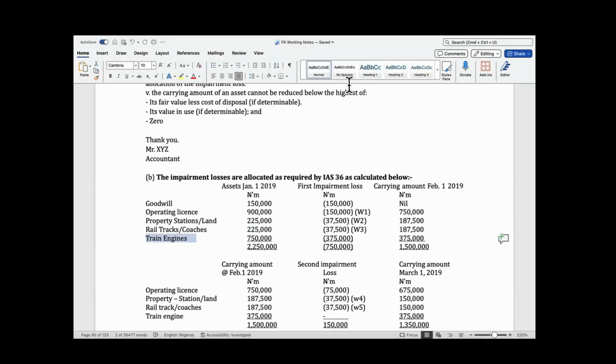You told us in the question that the value there represents its fair value. They told us in the question that the other train engine represents its true fair value, so we are not supposed to impair it since there was no fall in value in that other train engine.